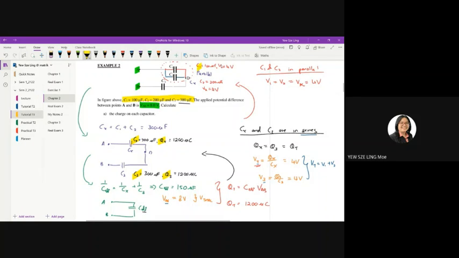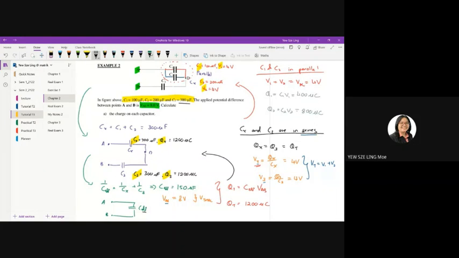So I have C1, V1, C2, V2. That means I can calculate Q1 and Q2 now. Q1 equals C1 V1, which is 400 microcoulomb. And then Q2 equals C2 V2, which is 800 microcoulomb.